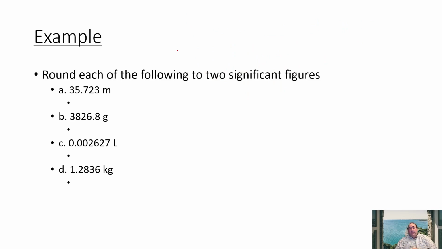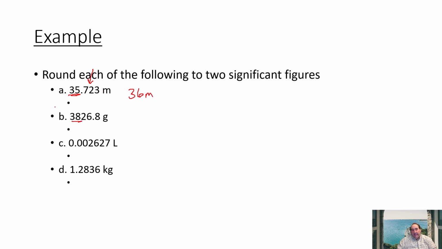So here, if we want to do each of these to 2 significant figures, why don't you take a moment and think about it? Okay, so hopefully you did. 2 significant figures would take us here. We would look at the 7, which is above 5, and we would round up, and this would be 36 meters.